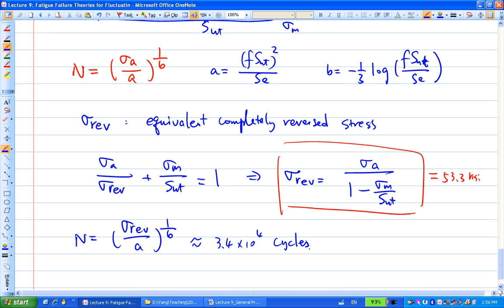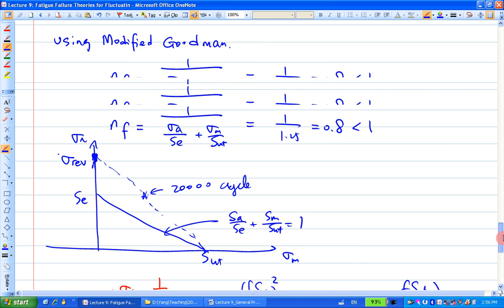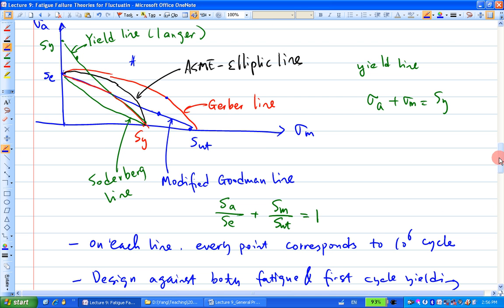So if you use the same analogy here, okay, what about if we use a different criteria? Let's say, what if you use Gerber lines? So basically, what you do is you create a curve which passes through that point and connects the SUT, and then intersects at the vertical axis, right?